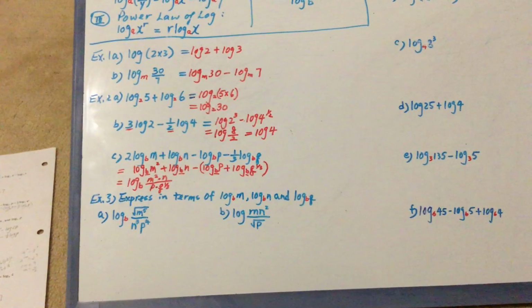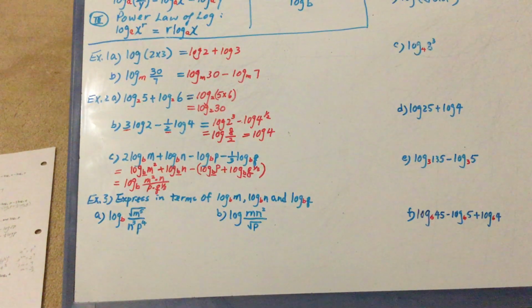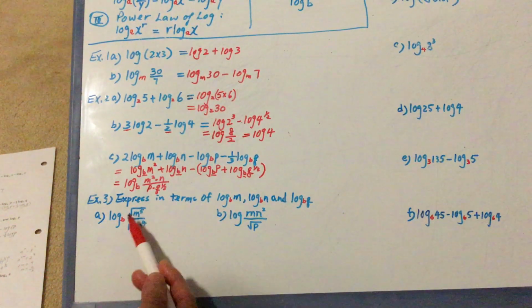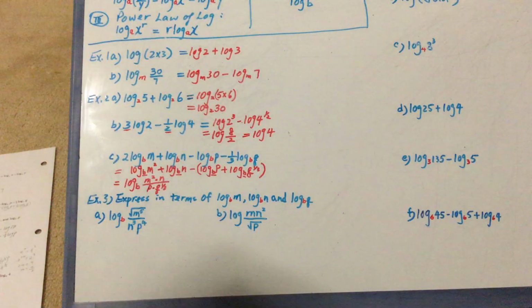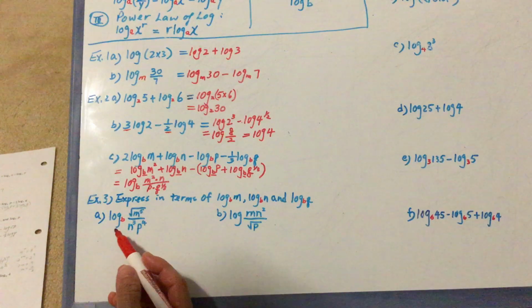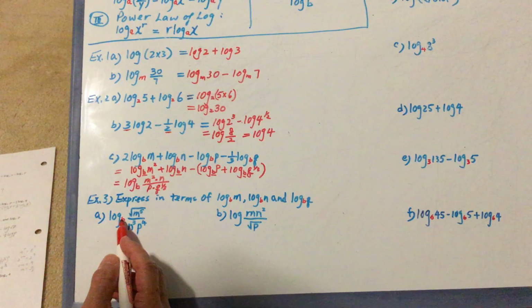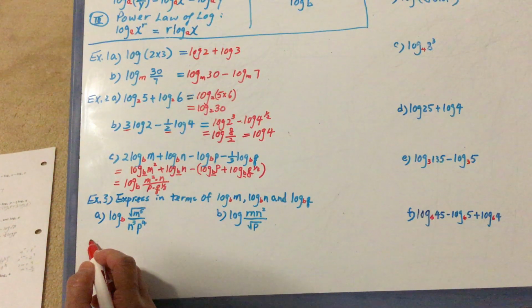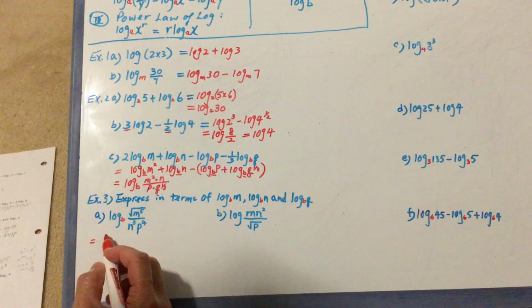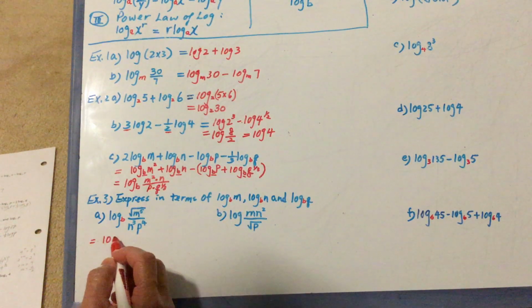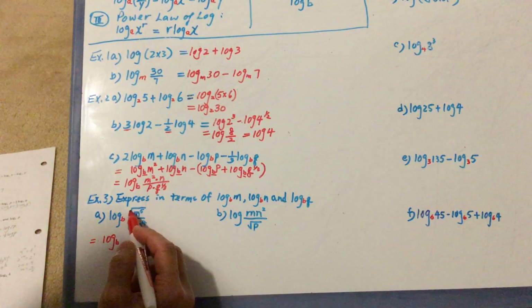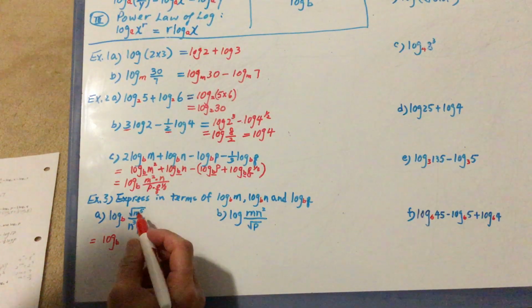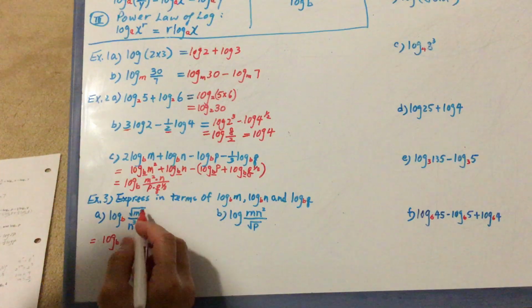Okay, and another practice on example number 3 is when you have everything here and you're going to bring it back. You can expand it using the power law or the quotient law, since this is all in base b. So this one is basically the same as log b of the square root of m over n to the power of 5.